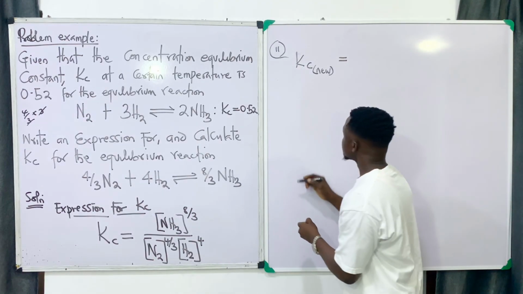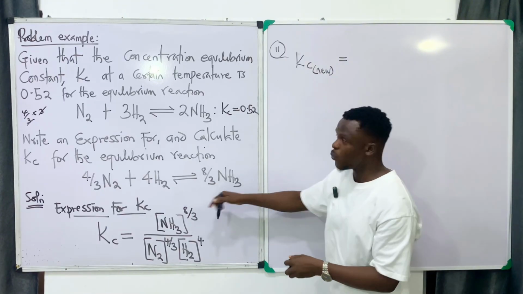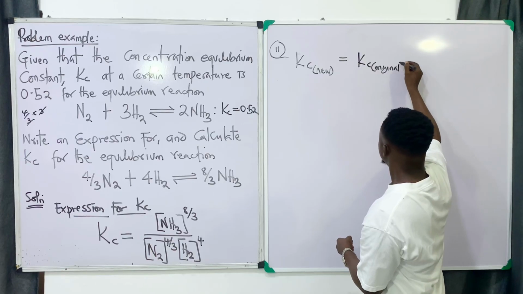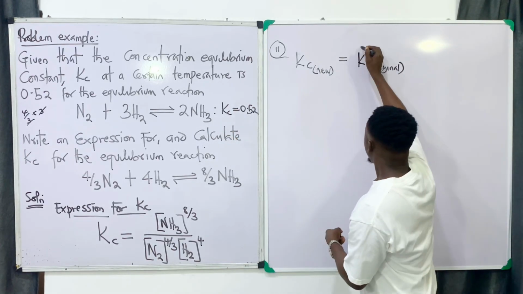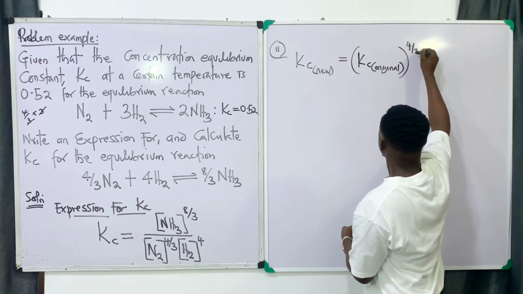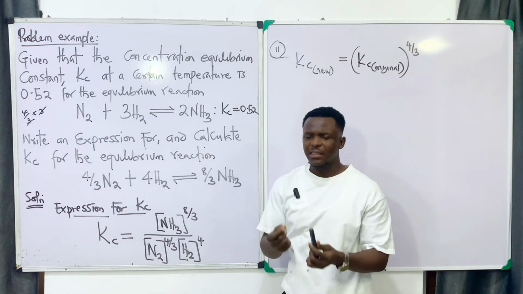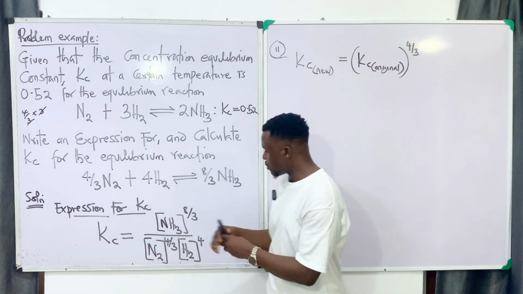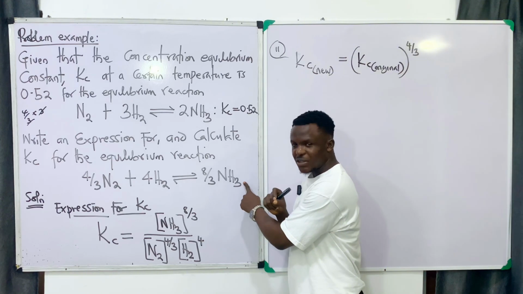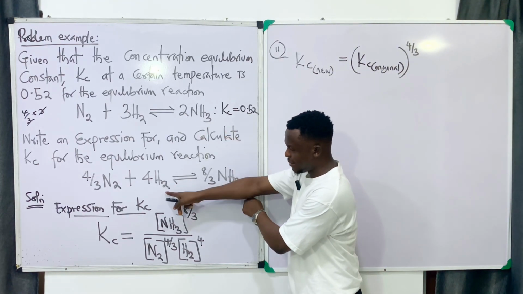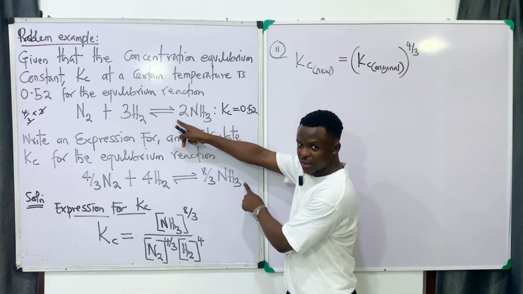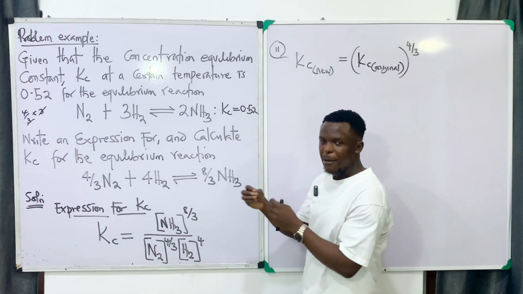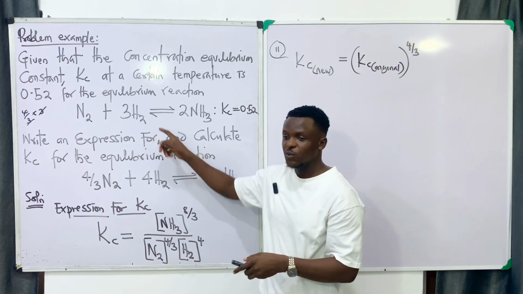I repeat, why did we say 4 over 3? Because when you multiply this equation by 4 over 3, you get this. So we raise this equilibrium constant by that same factor that we used to multiply this, which is 4 over 3.